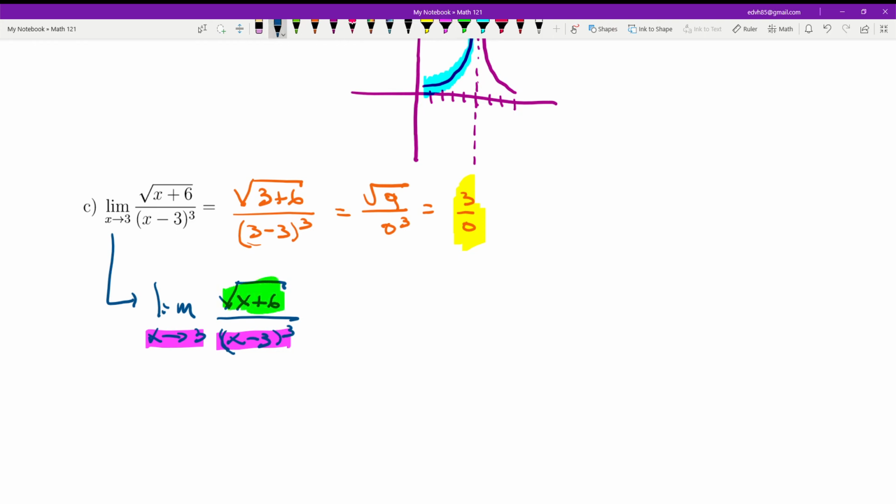All right, so the limit as x approaches 3 of the square root of 3 plus 6 over (x minus 3) cubed, and 3 plus 6 is 9, and the square root of 9 is 3.